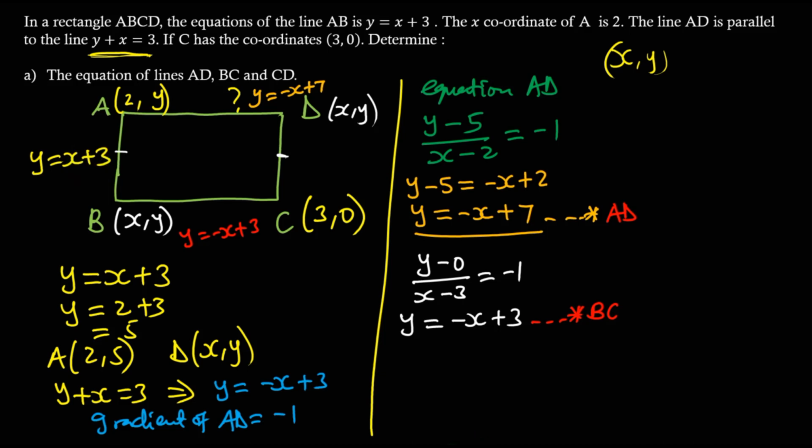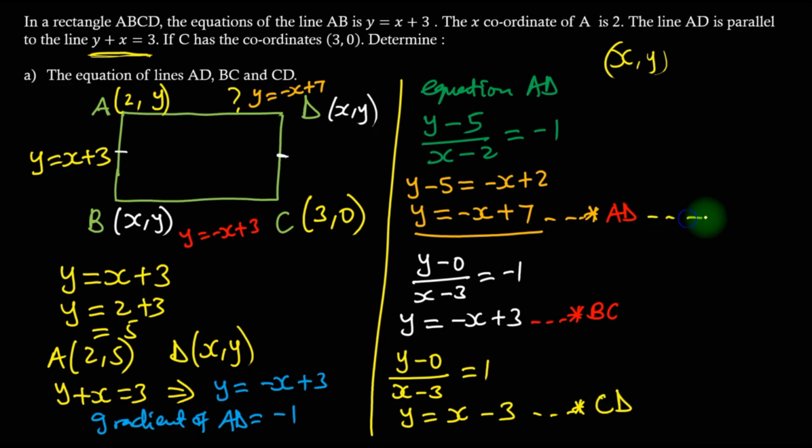Therefore, we have (y minus 0) over (x minus 3) equal to 1. So in our case here, we get y is equal to x minus 3. So this is the equation for line CD.